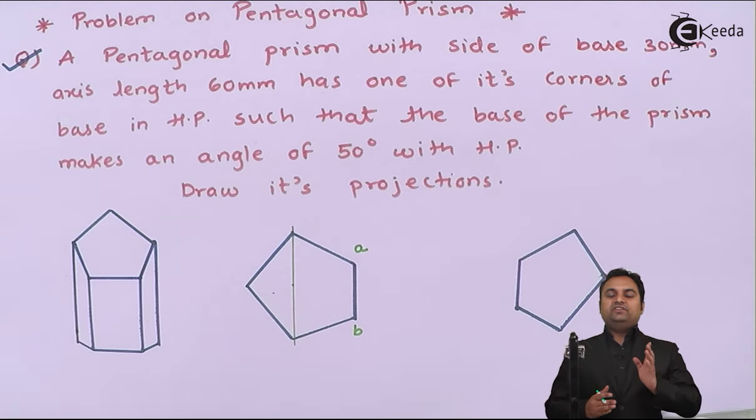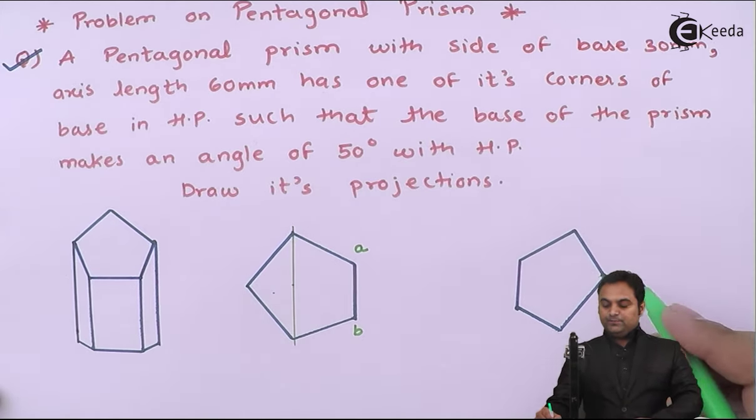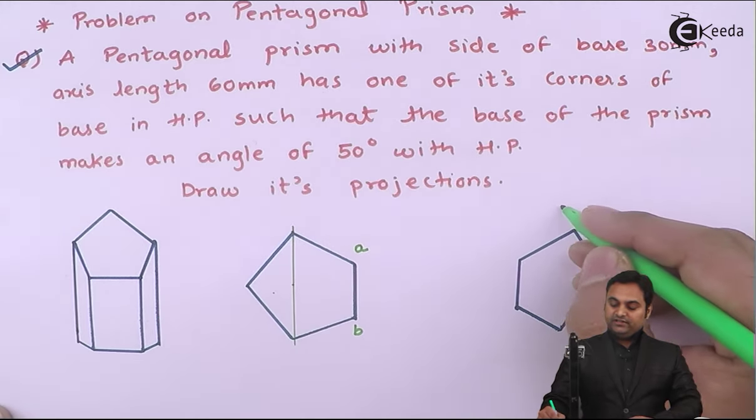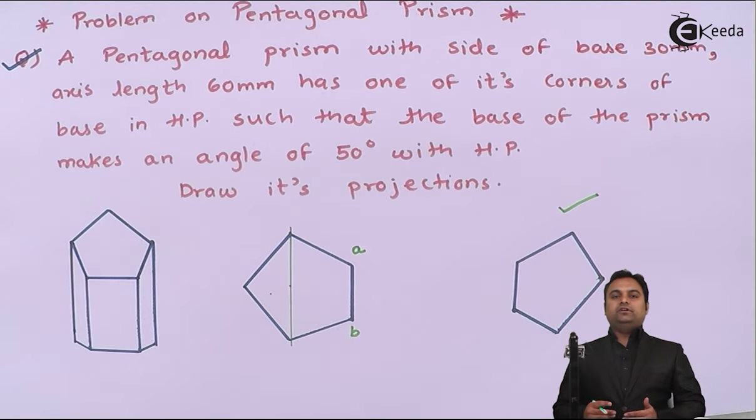If it is resting on one of its corners, we take the right hand side corner, and here the corner is point A. It means out of the two conditions, the second condition is correct. By using this condition we are going to draw the pentagonal prism and then move ahead in the problem. Let us get started with the solution.